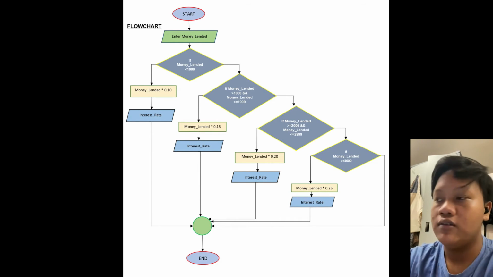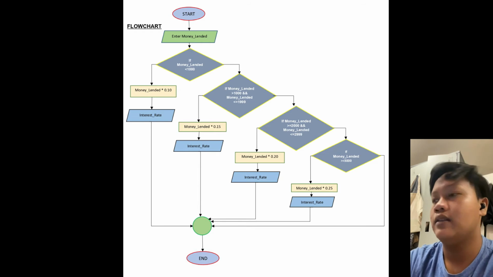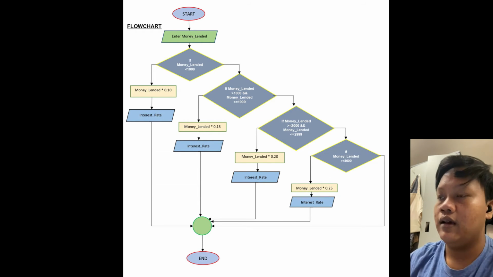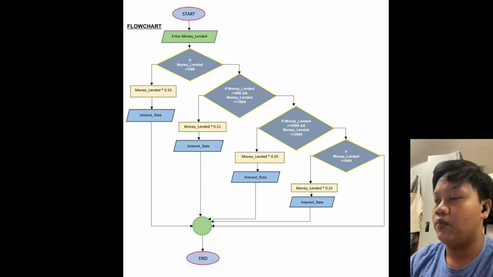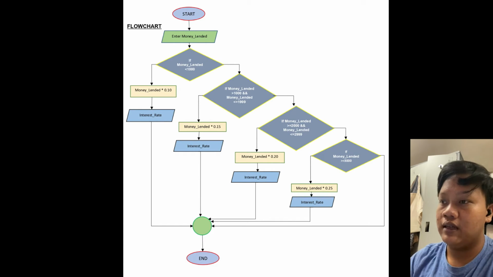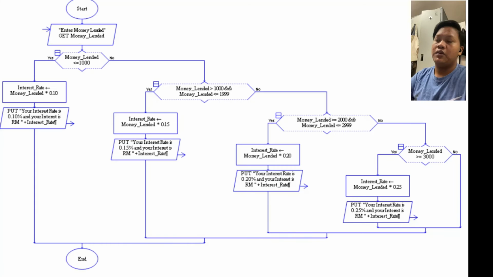And if that is also false, then the operation just ends. After we make all those selections, we choose one, and then the output is interest rate, and then end. Based on that flowchart, we make another flowchart in Raptor so we can run and test our flowchart to see if it is correct or not.